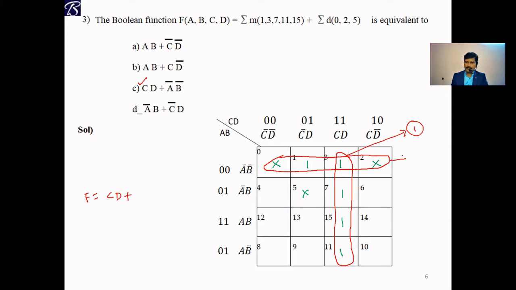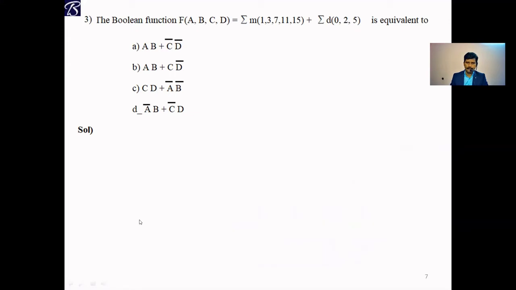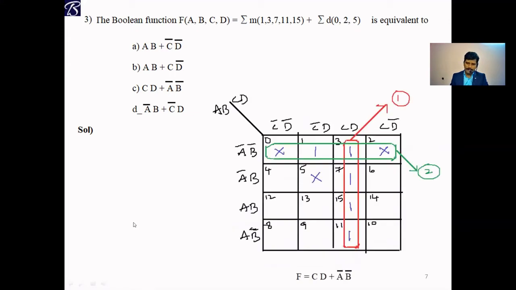This is the second term, which is A bar B bar. So option C is correct. Let us check the answer: CD plus A bar B bar. Option C is correct.